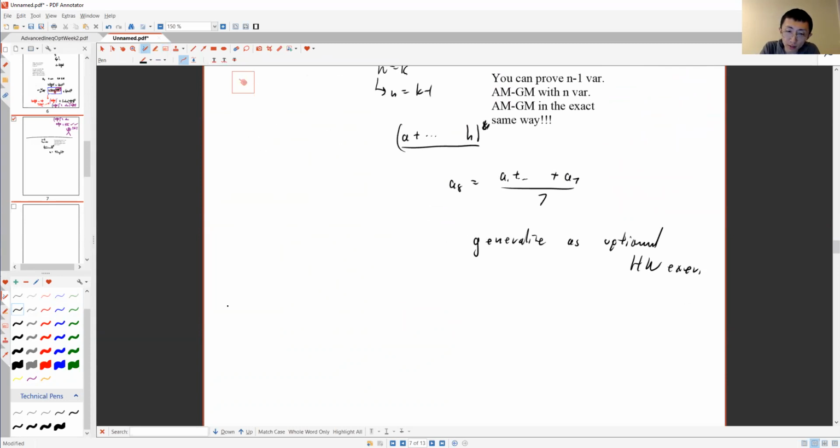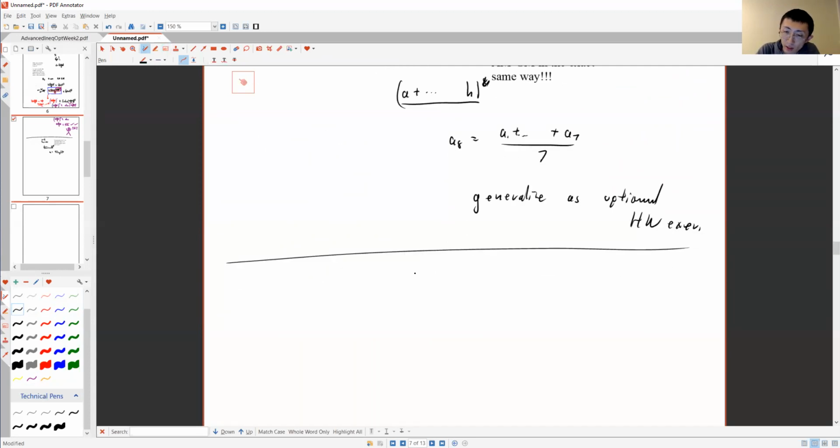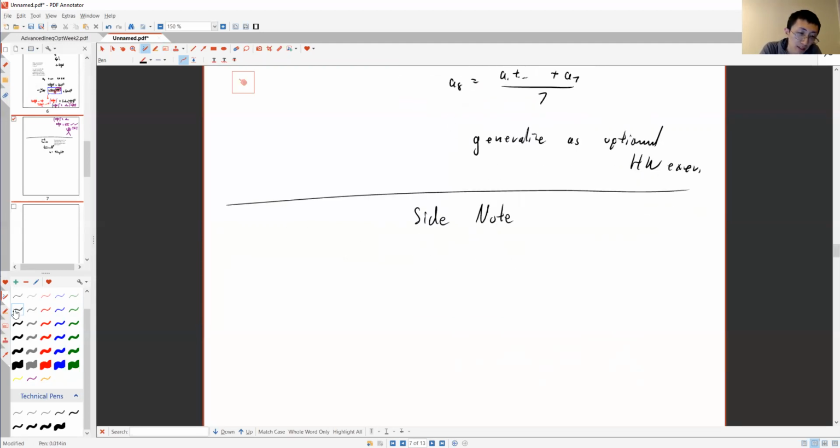So let's take a very quick side note, which is pretty optional for the class. Let's say we have this matrix and we take its determinant.